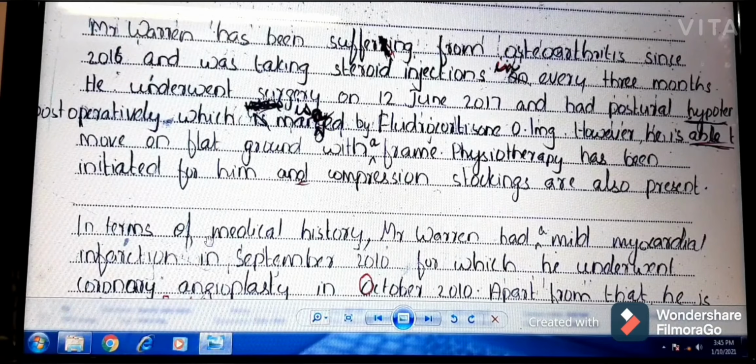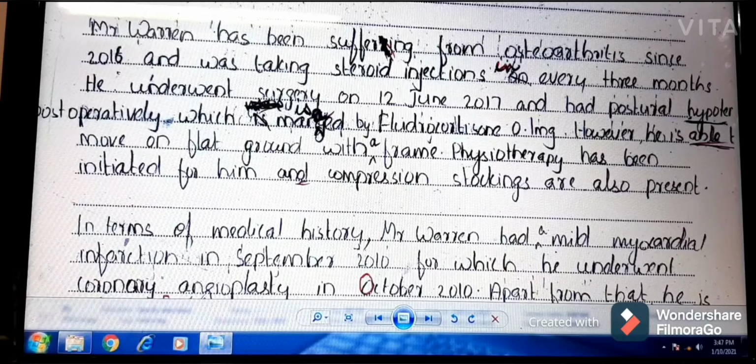Present perfect continuous tense is used to denote an activity that started in the past and is continuing in the present time. It means that Mr. Warren's osteoarthritis started in 2016 and now also the person has this sickness.